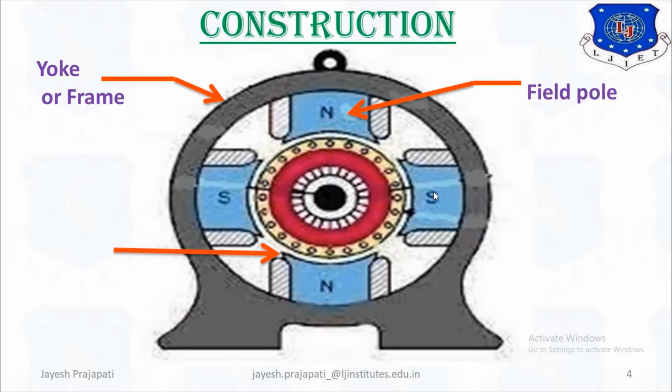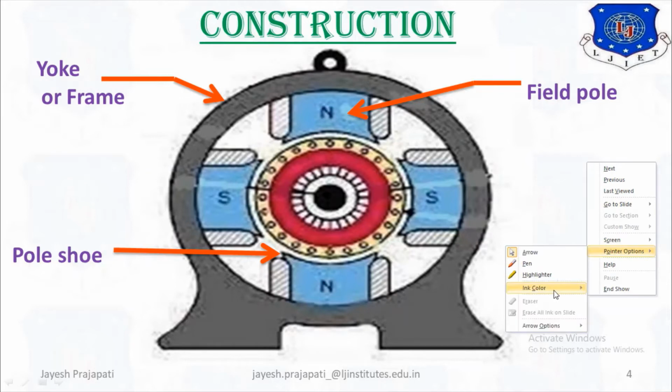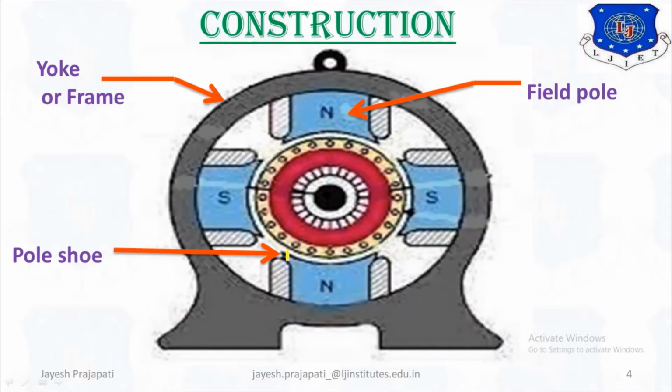Now the next important part is the pole shoe. The pole shoe is an extended part of the field pole. You can see in the figure that extended part is shown by the half circle. You can say that the round portion is called the pole shoe.